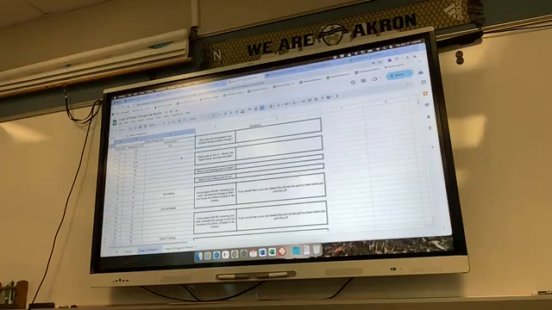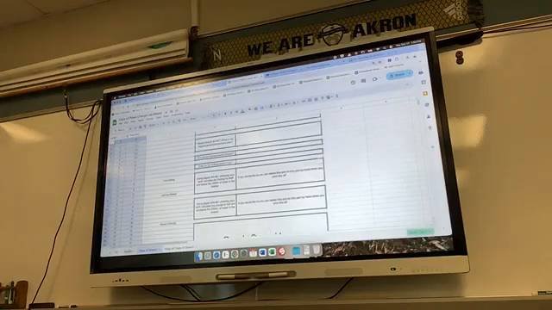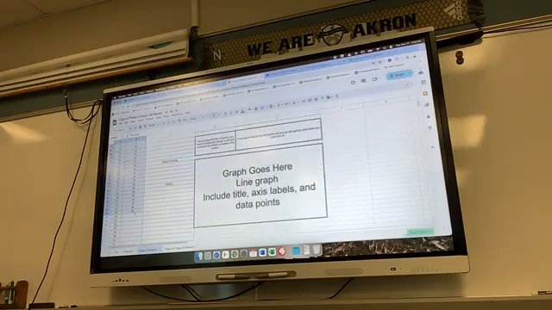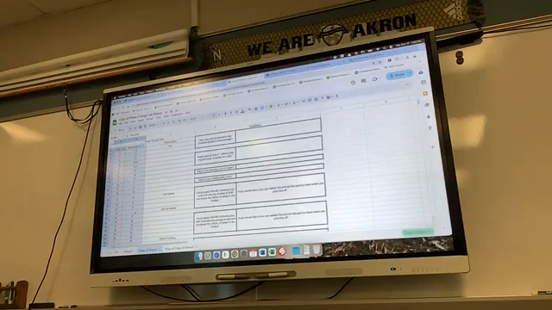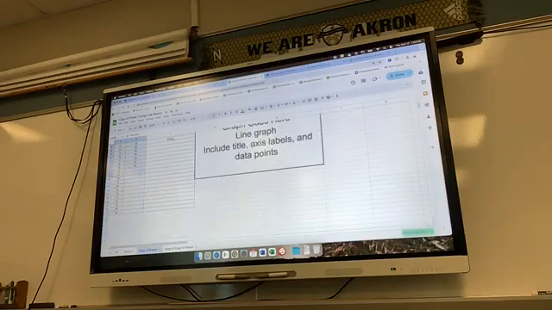Okay. Here's what you need to do. Watch my screen. You are going to highlight starting at time and temperature all the way down to where your data stops. Not the observations, just the numbers. Not the title, just time temperature, down to where your data stops.